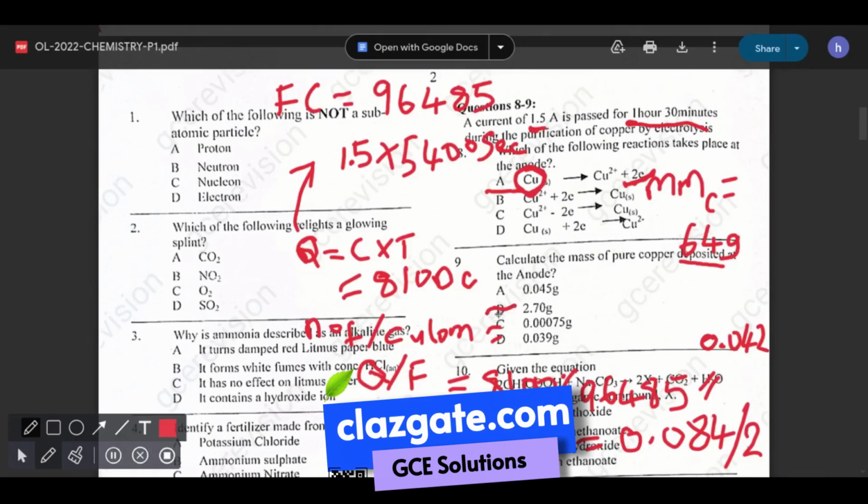So the correct answer to question 9 is B. That's 64 times 0.042, which gives us an answer of 2.67, and this is approximately B, 2.7 grams.